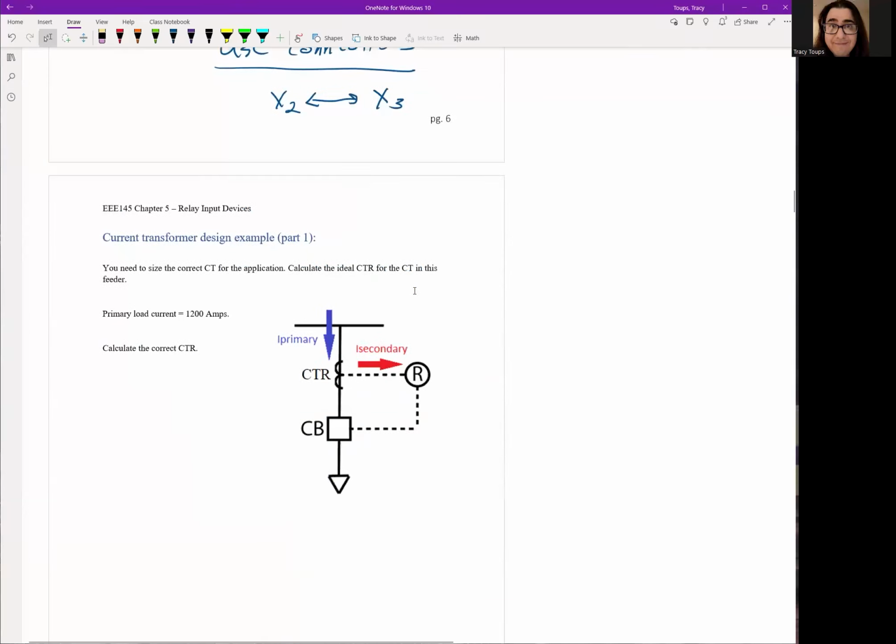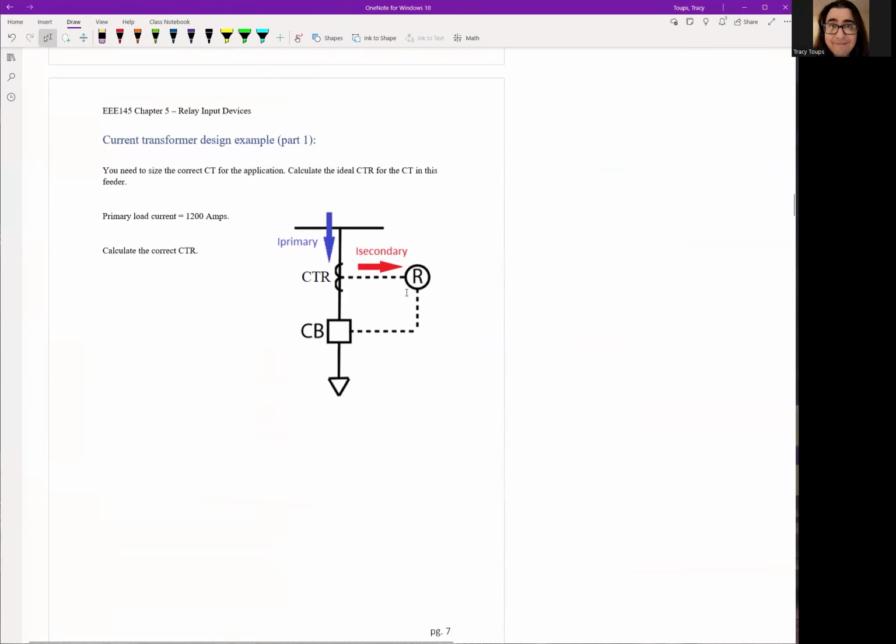Okay. So let's go ahead and take a 20-minute break for you to work a problem to kind of solidify all this. So it's a 2-part problem. The first part is I'm giving you a circuit. You have a CT ratio. You need to tell me, design that CT ratio to be correct. So remember, we have 1200 amps flowing through the feeder.